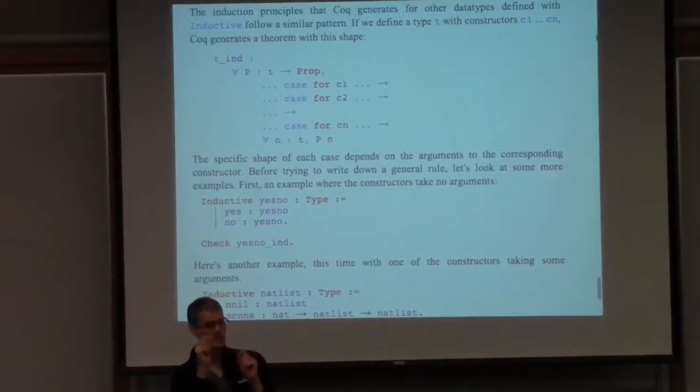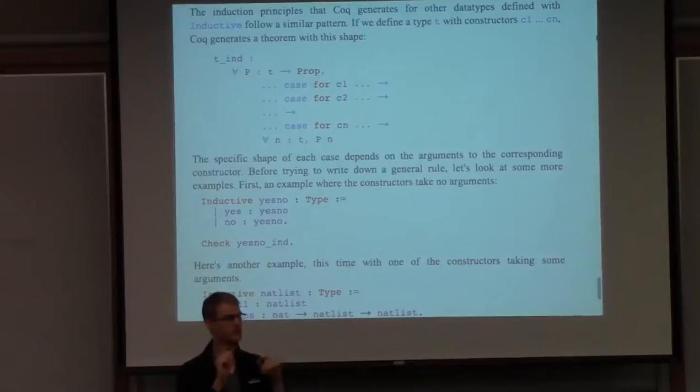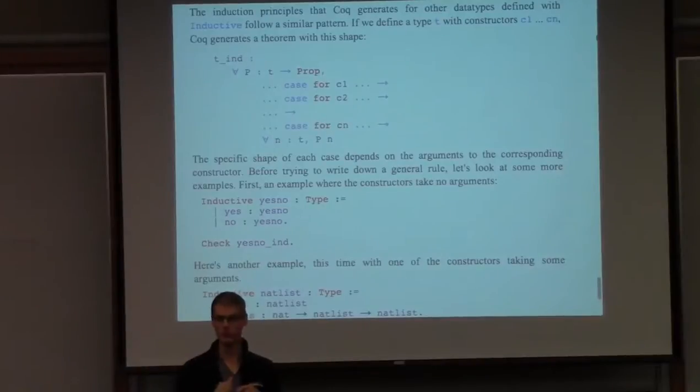Okay, so a proof that your property holds will come along with every one of the arguments to the constructor that has the inductive type. So you don't get it for the number, you do get it for the list. And then you're supposed to show that for that constructor, if we use that constructor to build a new list out of that number and that sublist, then it has the property that we're trying to show.